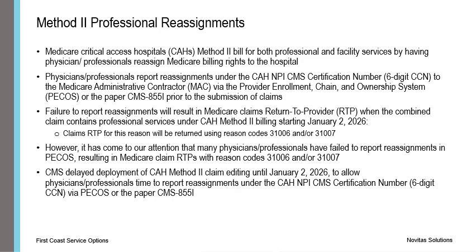CMS has delayed deployment of the Critical Access Method 2 claims editing until January the 2nd, 2026. This allows our physician professionals time to report reassignments under the Critical Access NPI and CCN number via PECOS or the paper CMS 855I.